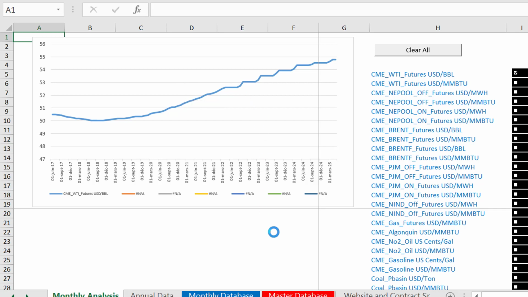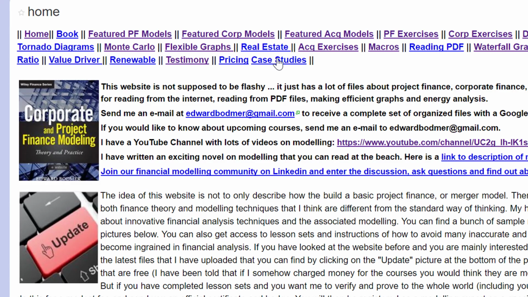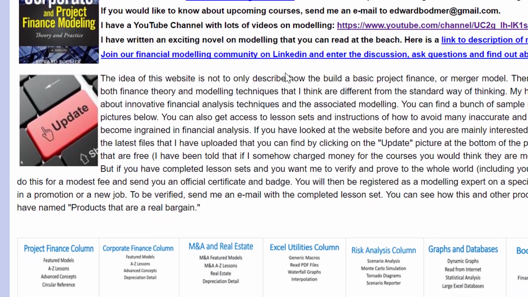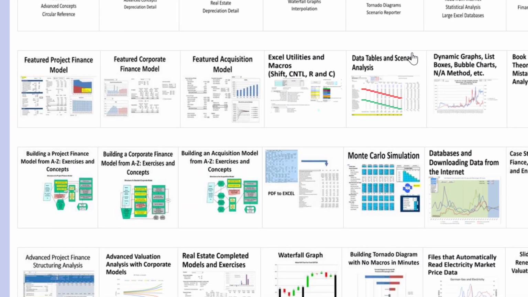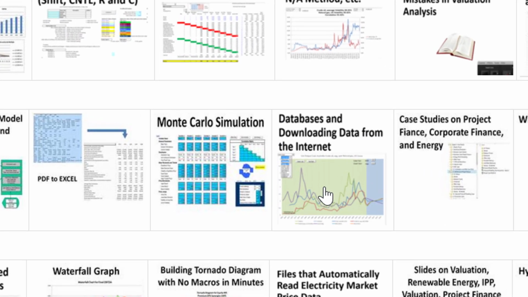All right, and I'm putting this updated file on the website, and I guess I didn't open it there. So if you go to the website and want to find this file, you go to the one that says databases and downloading stuff from the internet.